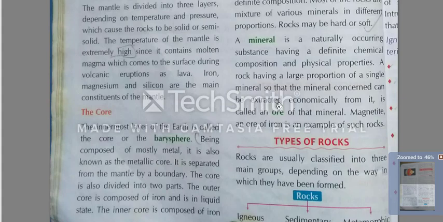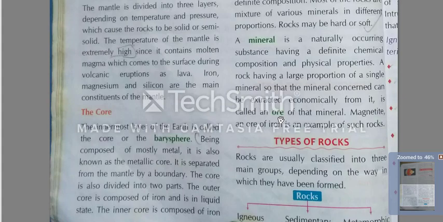Extract economically from it. We can take a proper mineral from it, and it is called an ore of that particular mineral. It is called its ore. In a simple way, what is ore? Listen. Ore means a rock or earth from which metal can be taken.